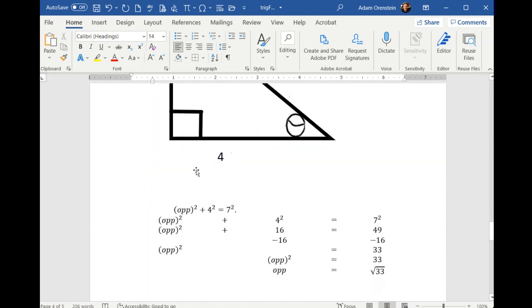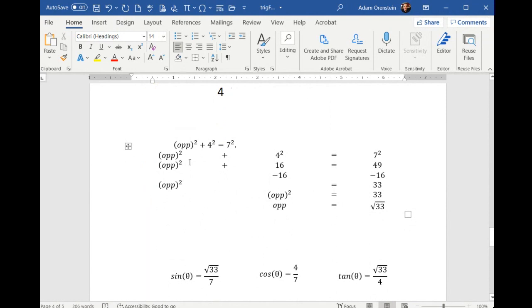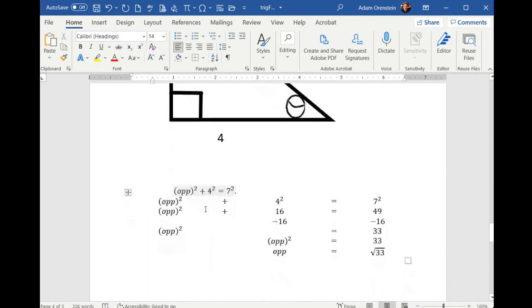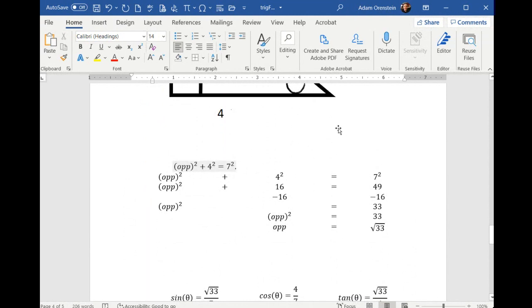And that's what I'm doing down here. Pythagorean's theorem: we have OPP squared plus 4 squared must equal 7 squared. Now you just solve for OPP, that's your unknown.